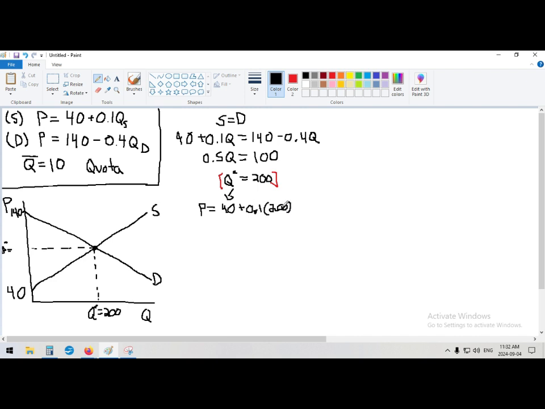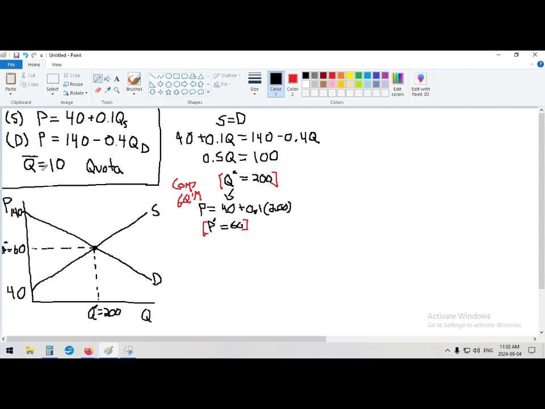So let's see, 10% of 200 is 20, so we have 20 plus 40, so the P star is going to be 60. This is your competitive equilibrium here. So you see we have 60 here. So this is where the market wants to be.